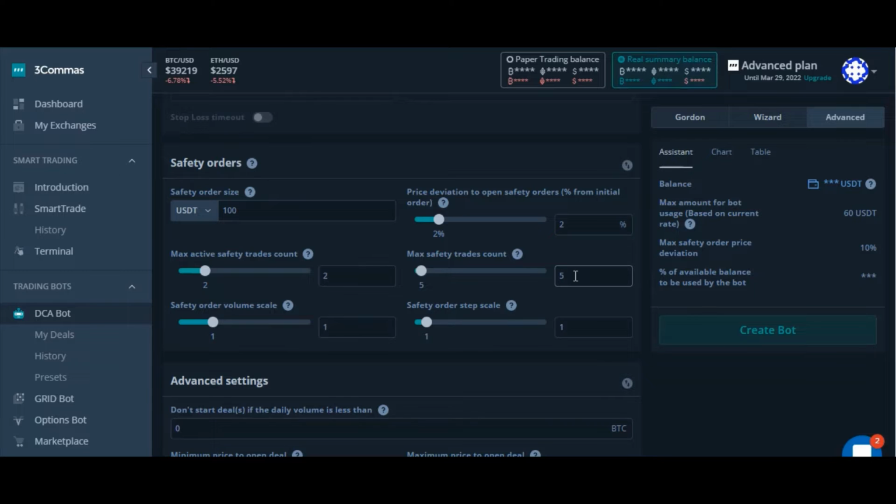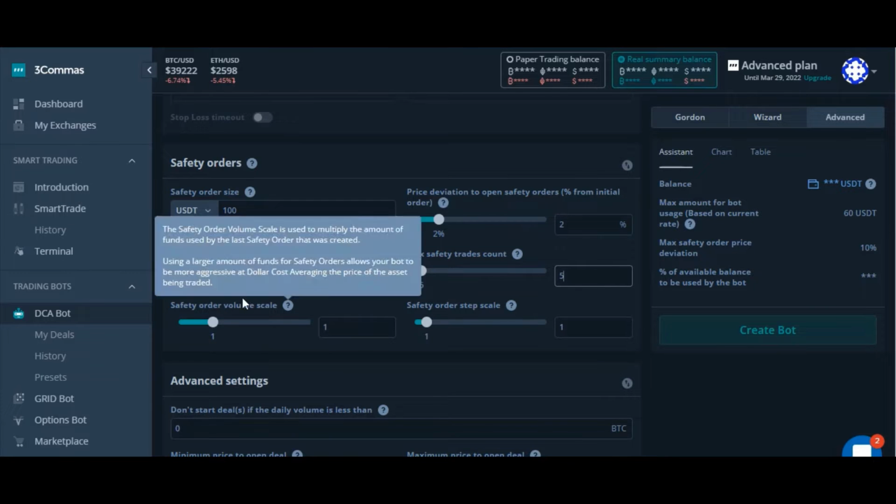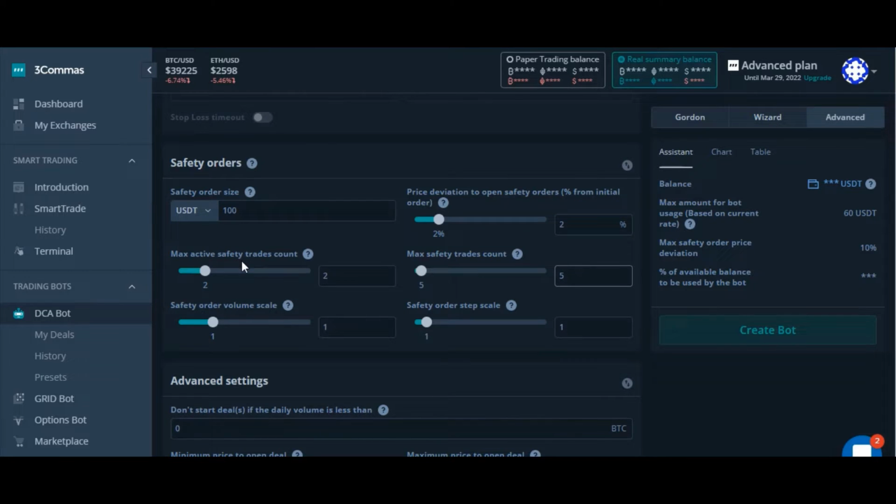But don't forget, this is 10x leverage, so it will cost me only $60 for this bot. And don't mix these two up. Max safety trade count is 5, and max active safety trades count means how many trades you want to keep active as a limit order, as a pending order in Binance.